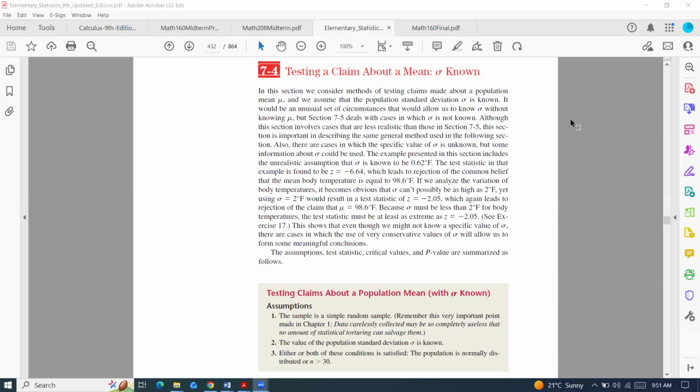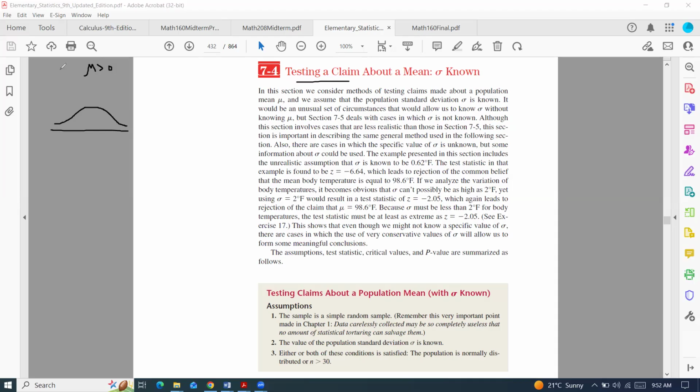So we're going to look at section 7.4, which discusses a very interesting story about so-called claims. It turns out there are three types of claims that appear in statistical science. The first type is with respect to the mean, that it is positive.